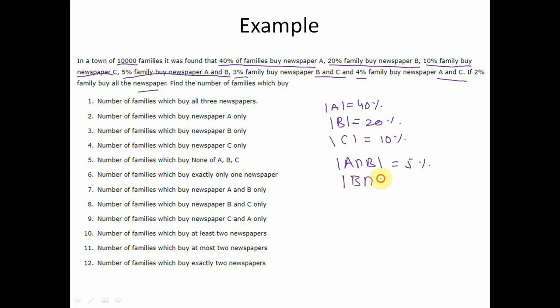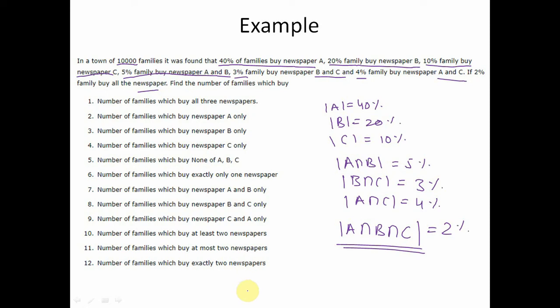Cardinality of B and C has been given as 3%. Cardinality of A and C has been given as 4%. And 2% is the cardinality of A intersection B intersection C.